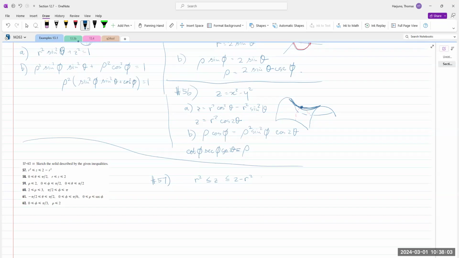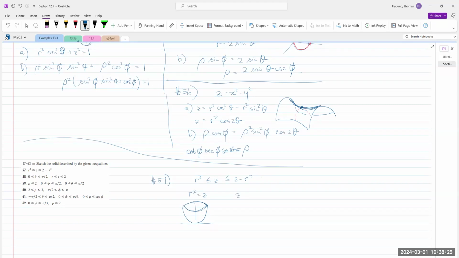Remember, for inequality, we always find the boundary first by setting them equal to each other. So r squared equals z is what? That's a paraboloid, right? Now z greater than means above this paraboloid.